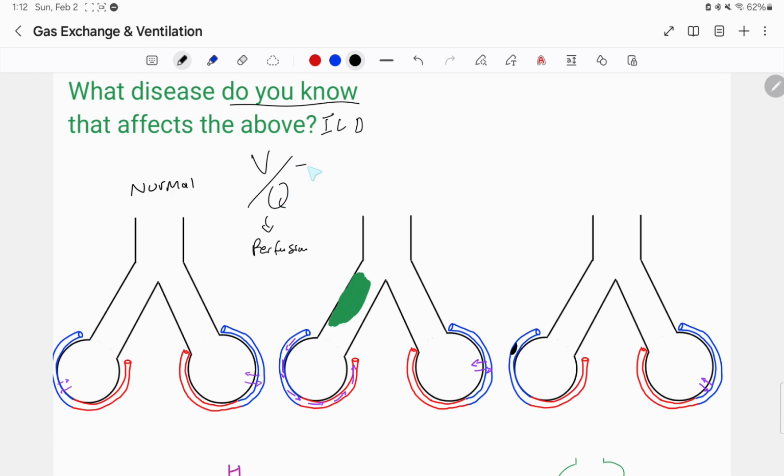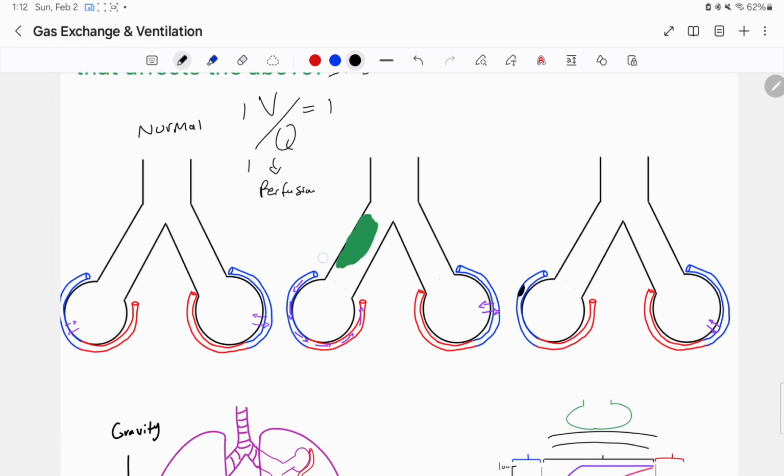The regular ventilation perfusion ratio should be around 1 or 0.8. This can change, it just depends, okay? But let's just say, for sake of simplicity, it's around 1, meaning that I have a ventilation of 1 liter per minute, and I have a perfusion of 1 liter per minute, and so the ratio here is 1, okay? 1 to 1.